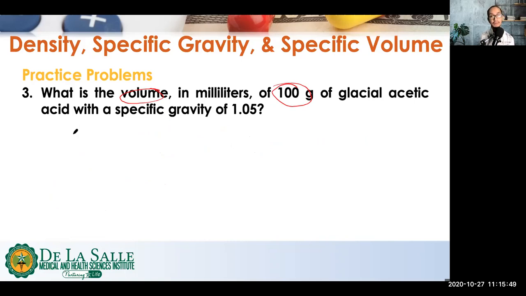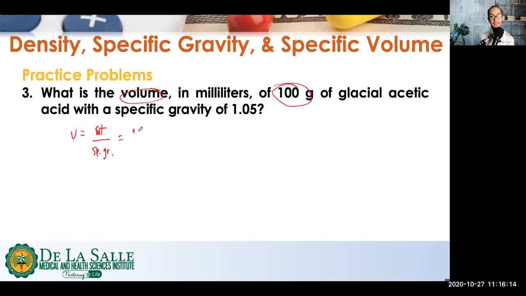So, to be able to calculate the volume, what we will do is, basically, we divide the weight of the substance by its specific gravity. So this is the formula that we use.